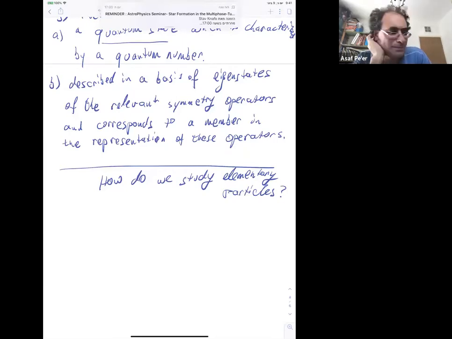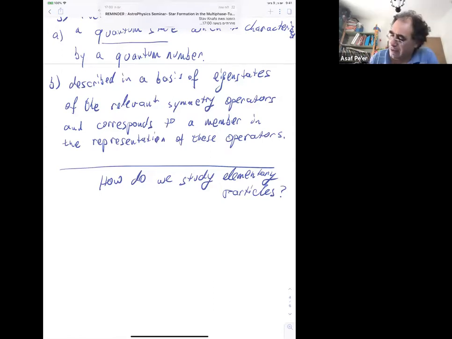Practically, the particles are too small, so we cannot attach them to any rope, neither to any spring. But more fundamentally, these are quantum objects. And if we make classical experiments, we get some classical result, which is really meaningless. So it will really give us the wrong answer. So we must somehow find an appropriate method to study the properties of elementary particles.